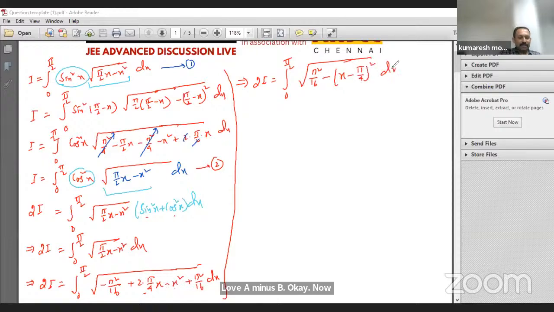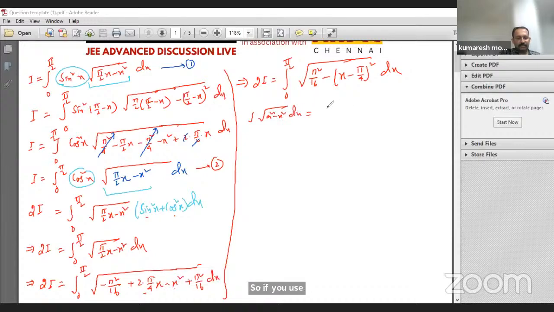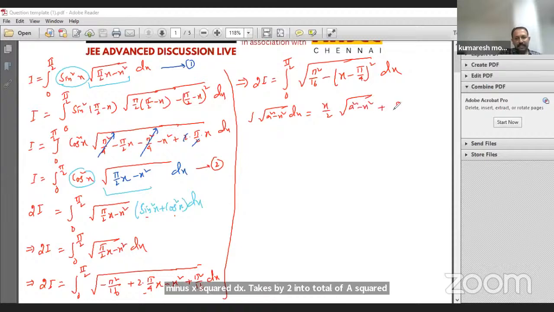Now use what? Root over of a square minus x square form. So if you use the integration of root over of a square minus x square dx formula, we'll get what? x by 2 into root over of a square minus x square plus a square by 2 into sine inverse of x by a. We're going to use this formula.